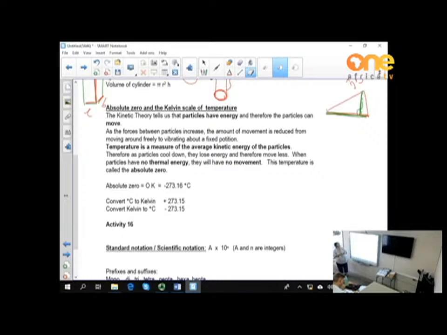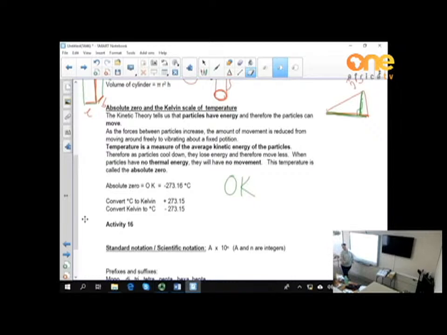So the theory is that at a temperature of 0 Kelvin, particles have no energy, so they cannot move. They can't even vibrate. That implies, for example, they can't exert a pressure. Do you understand?